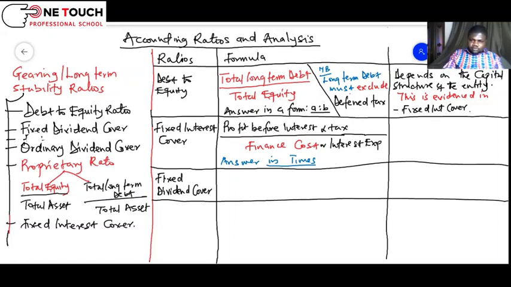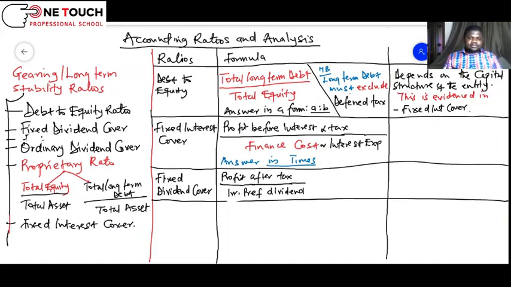So profits after tax all over irredeemable preference dividend. That is fixed dividend cover.